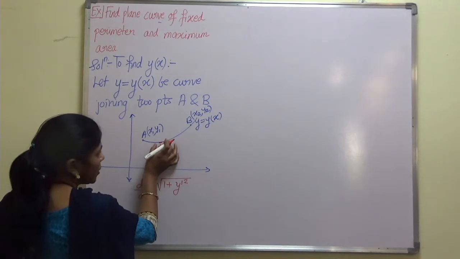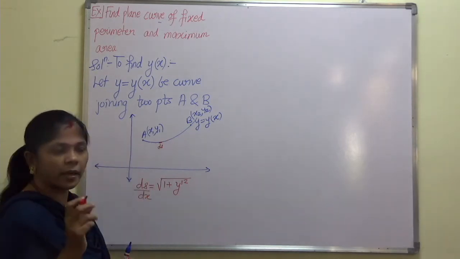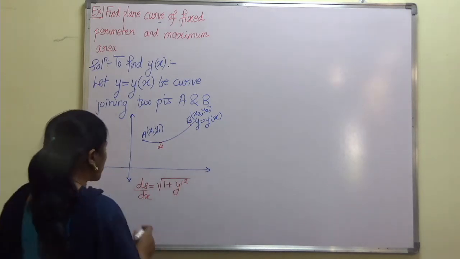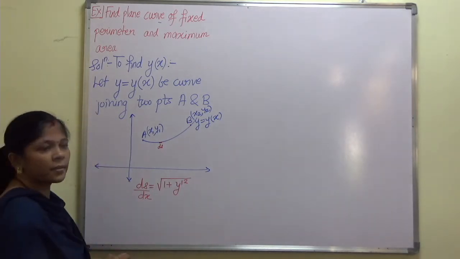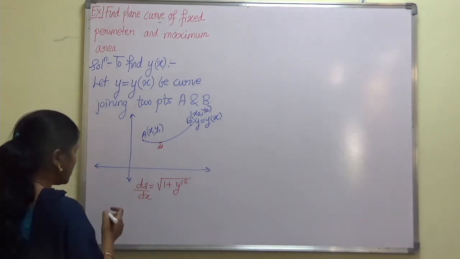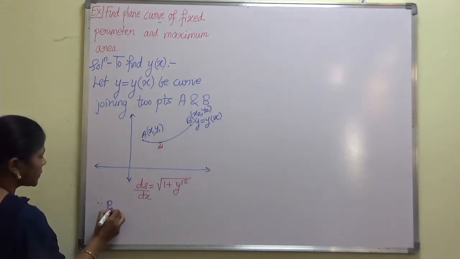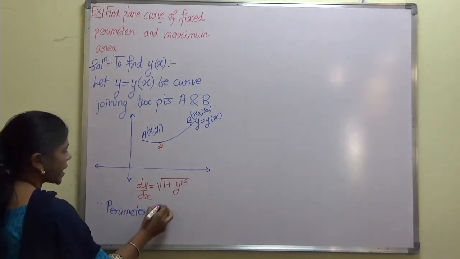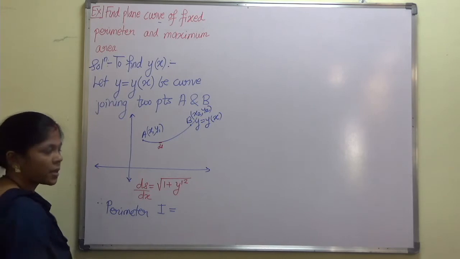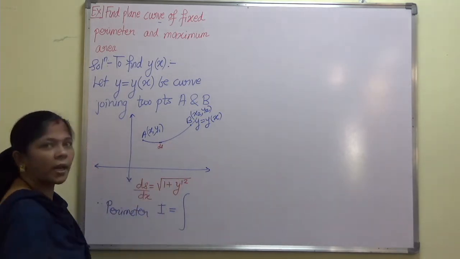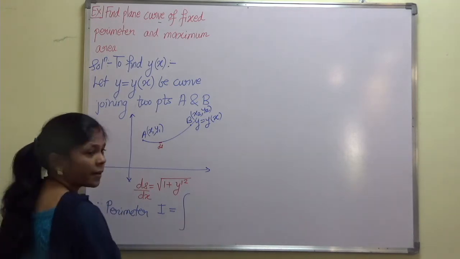So we will add all such small arc lengths, which will give you the length from the point A to B. Therefore the perimeter of this curve, denoted by I, is equal to the sum of all such small arc lengths. Sum means integration.